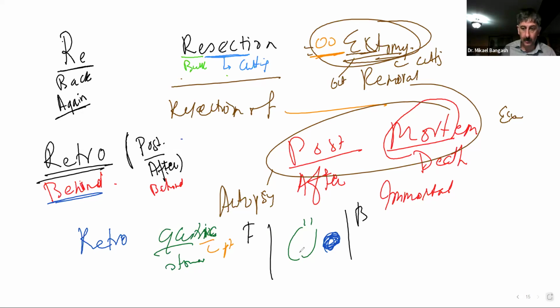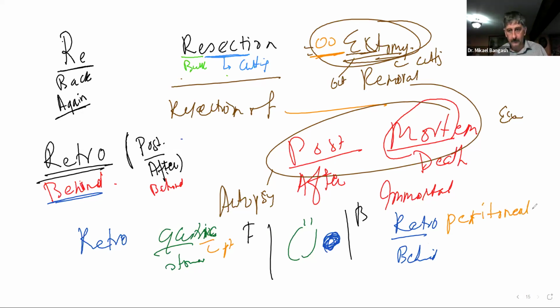A term that you may hear tomorrow when we start talking about the body is retro, which of course means behind. Peritoneal, where al is pertaining to, is going to be a structure that we will call the peritoneum.